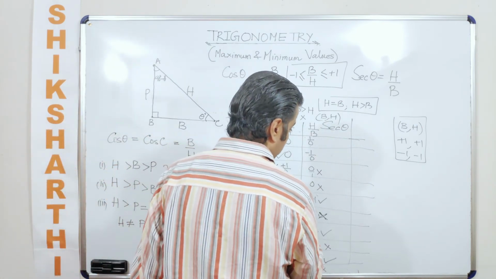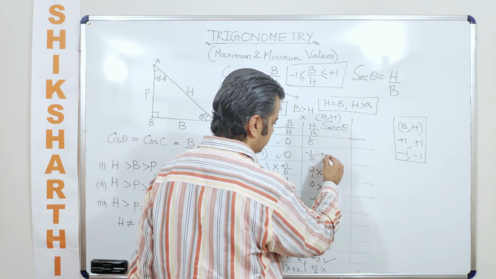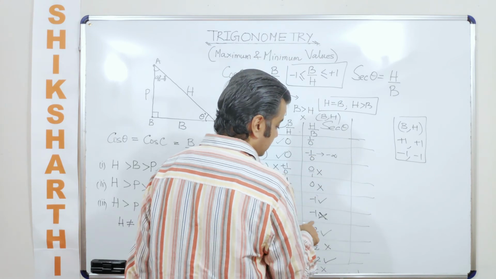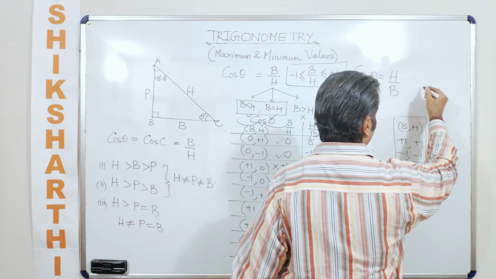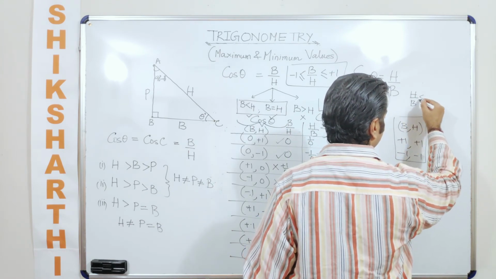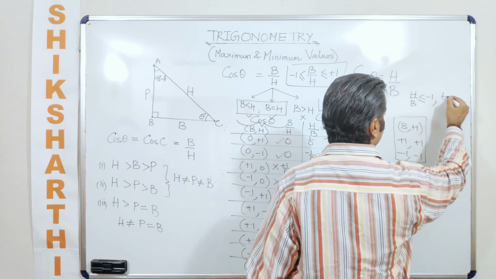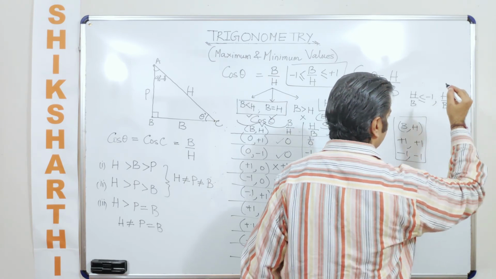The minimum value it can take is minus 1 and the maximum value comes from here is minus infinity. Or you can say for the negative part of it, the maximum value it can take is minus 1 and the minimum value which it can take here is plus 1 for positive values.